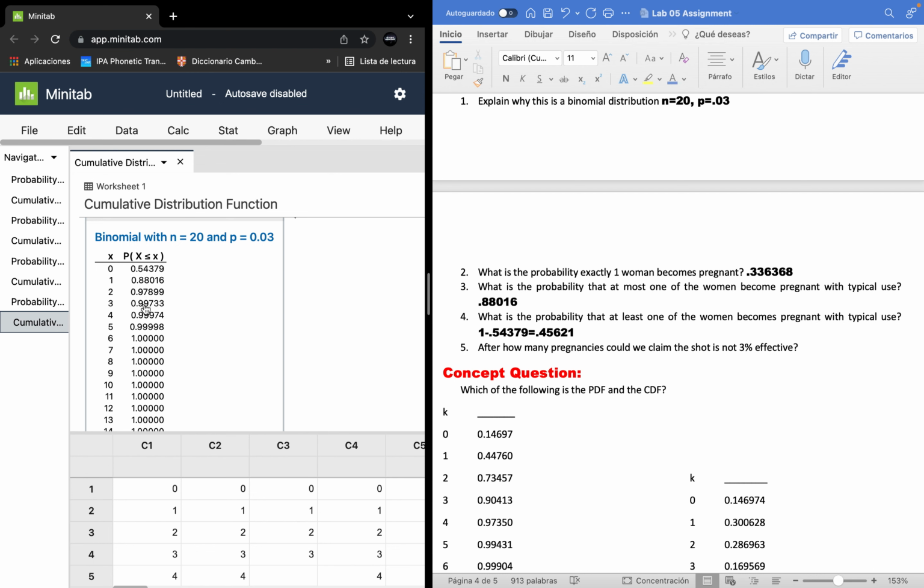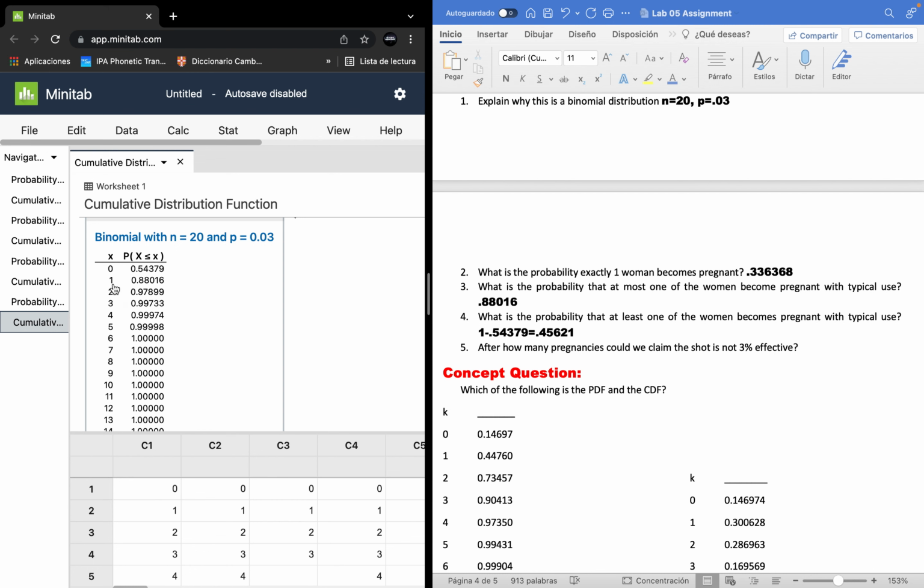From 0.97 to 0.99, notice, subtract this 0.99733 minus 0.97899, is 0.018 approximately.